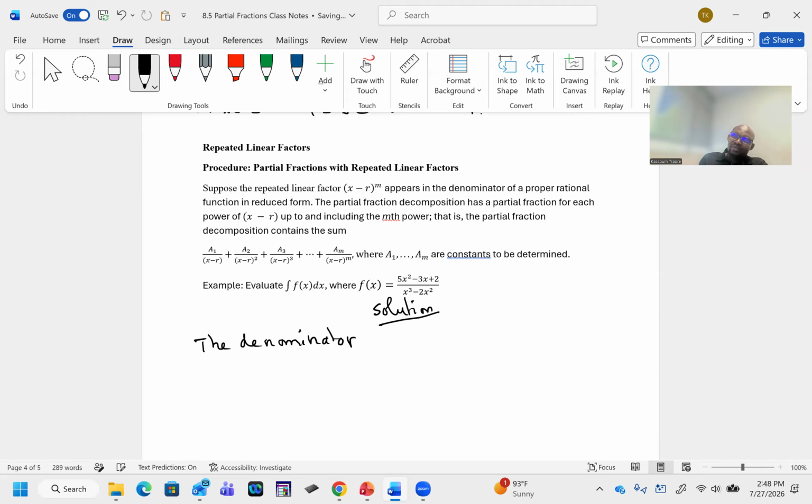I'm going to go a little bit fast because I believe you know how to factor the denominator. The denominator factors as what? We have x cubed minus 2x squared. So we can factor x squared. If you factor x squared, it will leave what? x minus 2. So it has one simple linear factor, right? It has one simple linear factor, which is x minus 2.